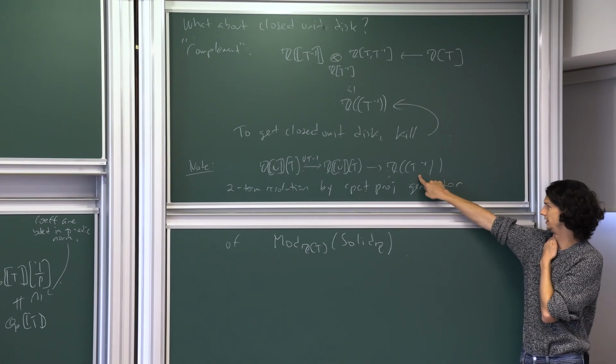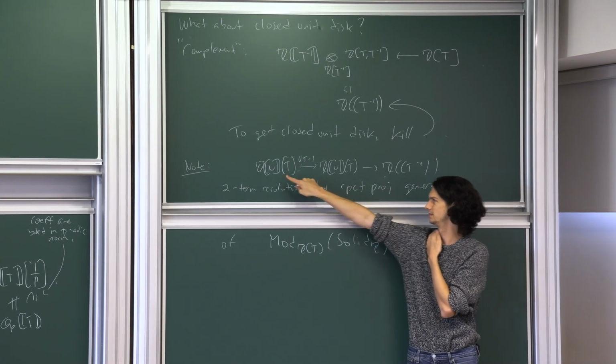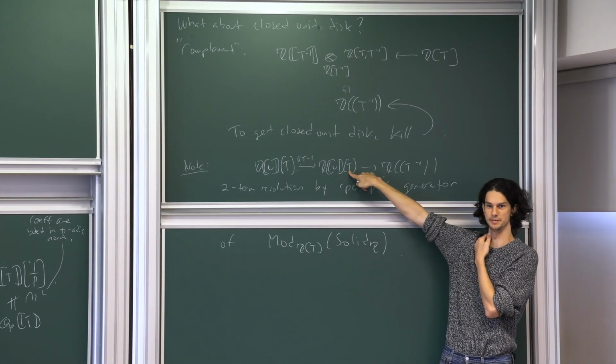So killing this thing should be the same thing as requesting this map to become an isomorphism.